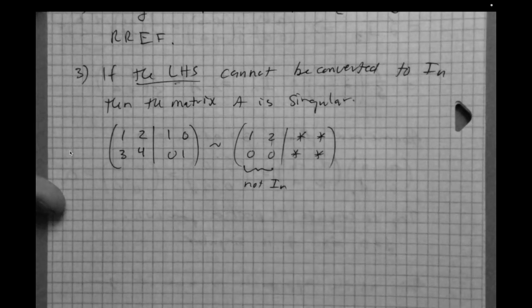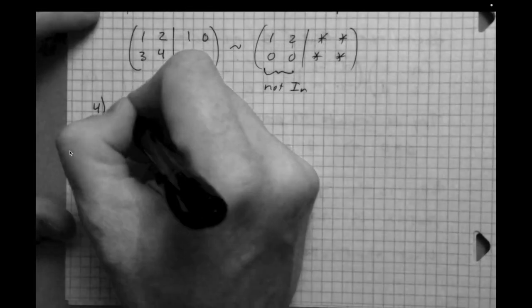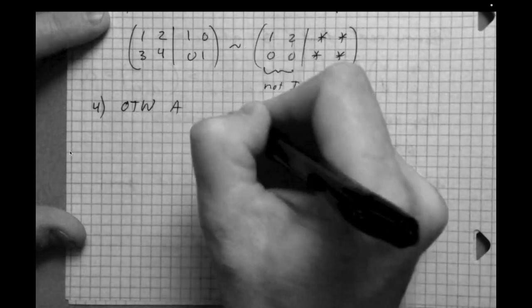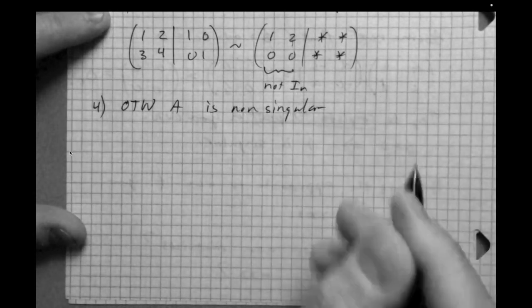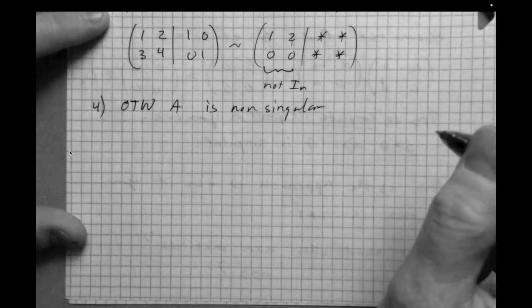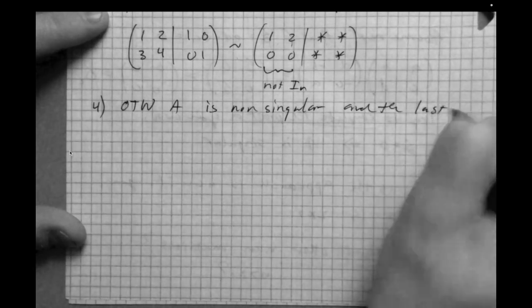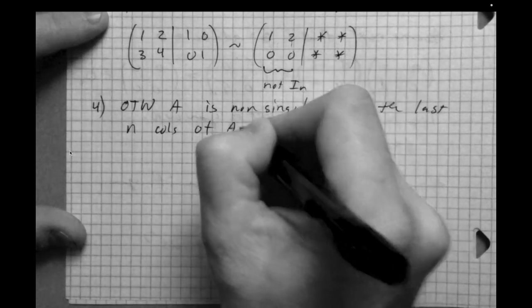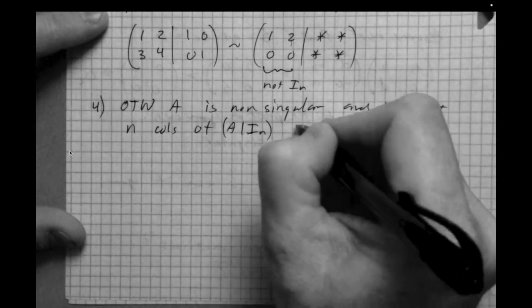It's not anything fancy. Now if, however, otherwise, A is non-singular, and the last n columns of [A | I_n] are its inverse.